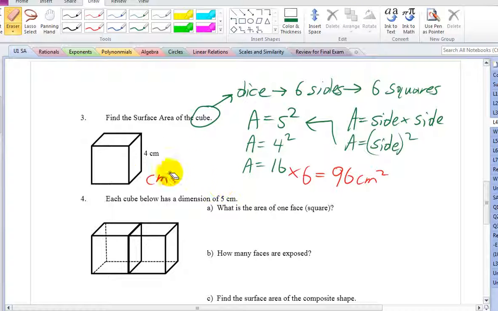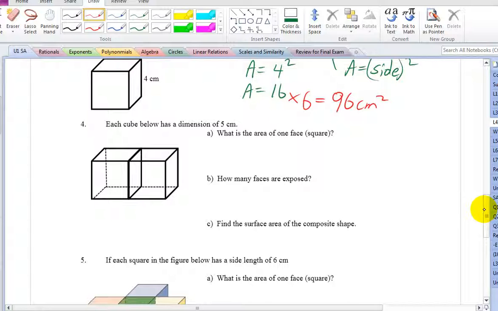Okay, so now we have a composite shape. So when we're talking about surface area, you want to imagine that it's not sitting on a table. It's like floating in the air. So the bottom counts. But where they touch, this is not surface area.